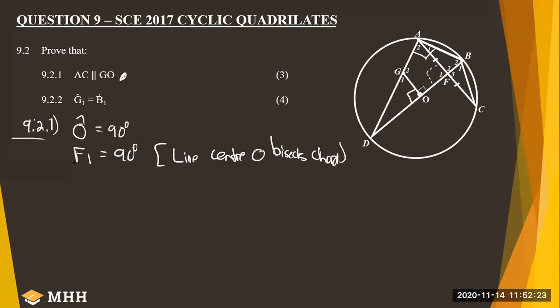Right, then it means it's 90 degrees. And therefore, AC will be parallel to GO. Converse, you know what? You can just say here corresponding angles. It forms corresponding angles.